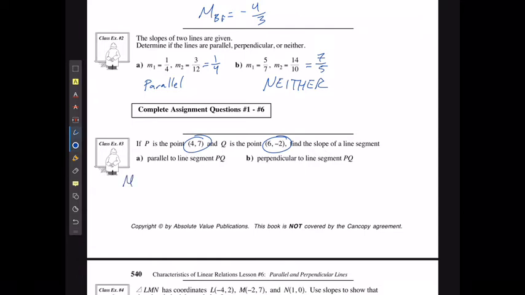And I'm going to say the slope is going to be equal to, put the y value for P on the top, x value for P on the bottom, and then subtract from that the y value from Q and the x value from Q. And I can say that this is going to wind up being 9/-2. So the slope I'm looking for that is parallel is going to equal 9/-2.